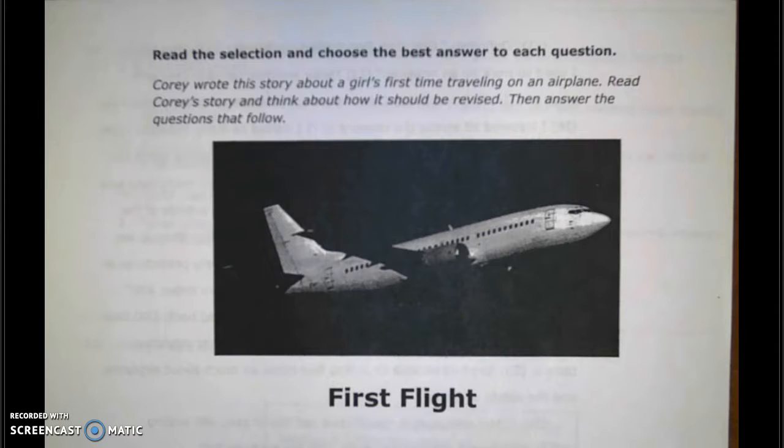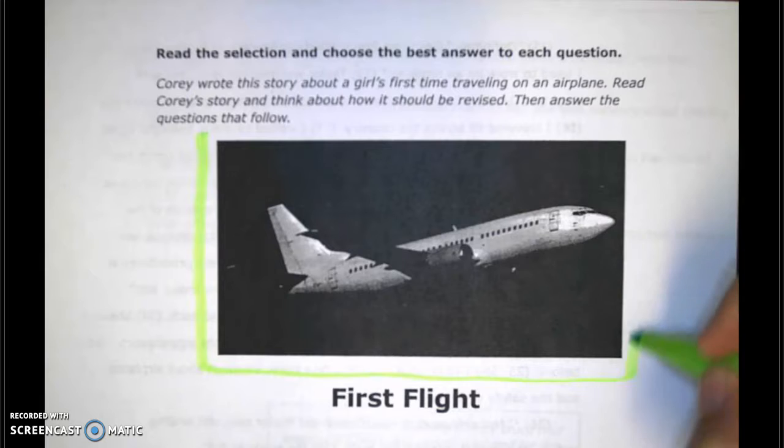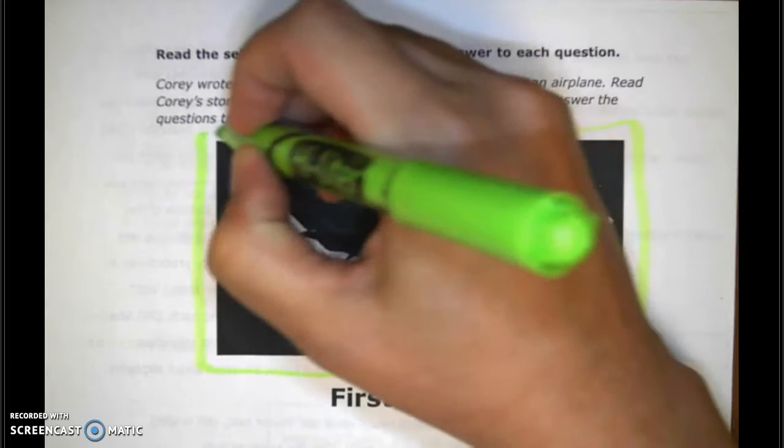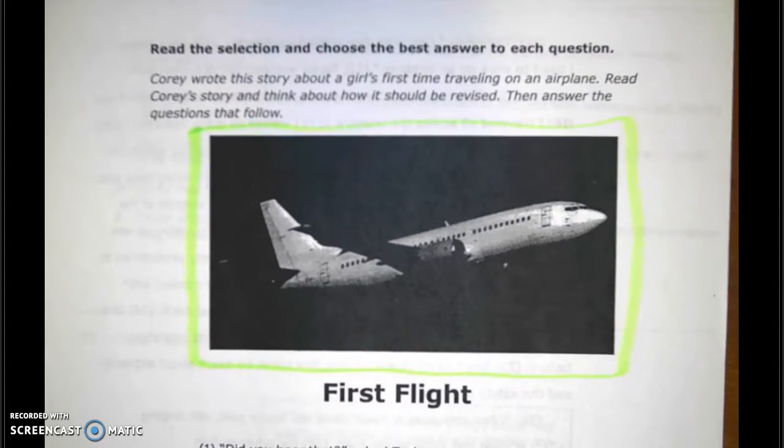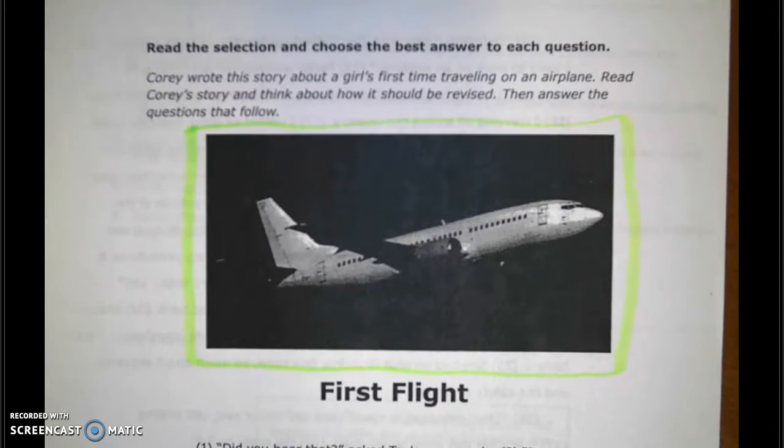Okay, so our text is called First Flight, and I see an image here. So what is the first thing that I need to do? I'm going to put a box around this image. And I'm going to ask myself, is this image a real image or is this an illustration?